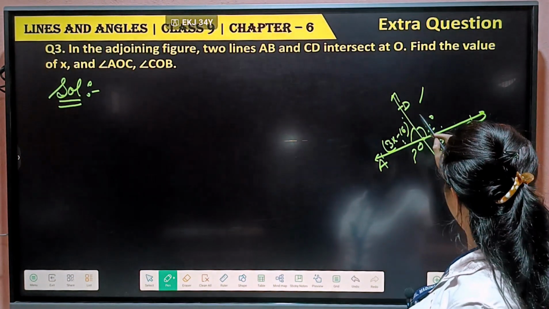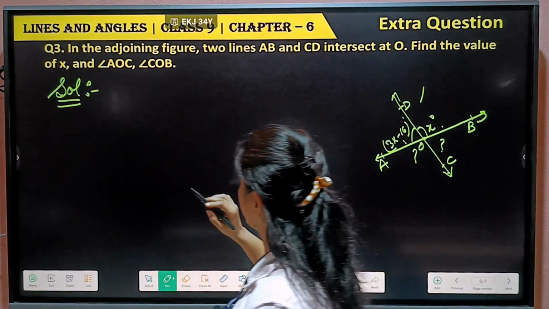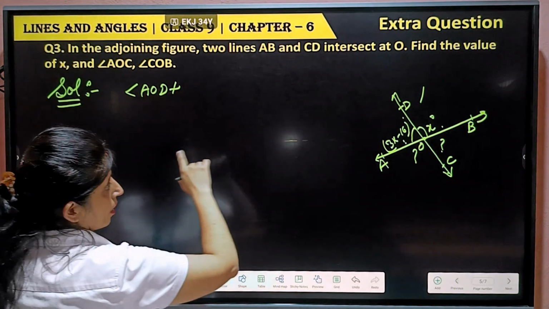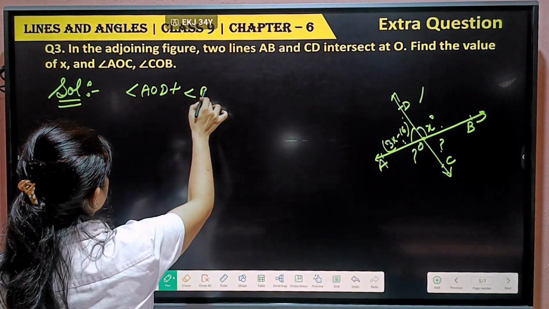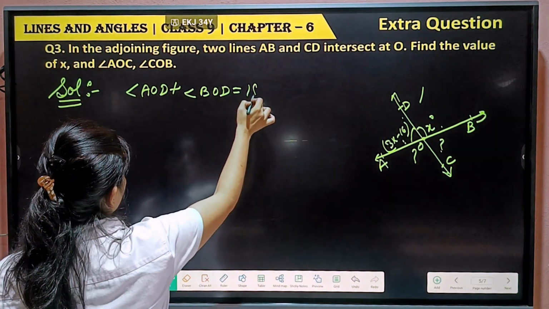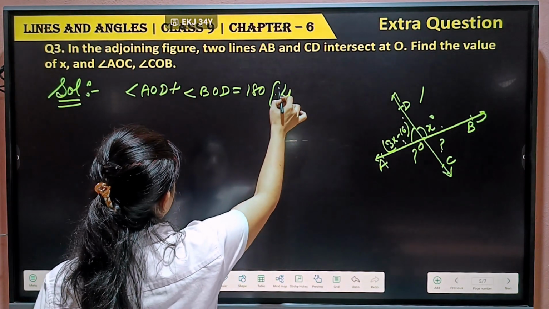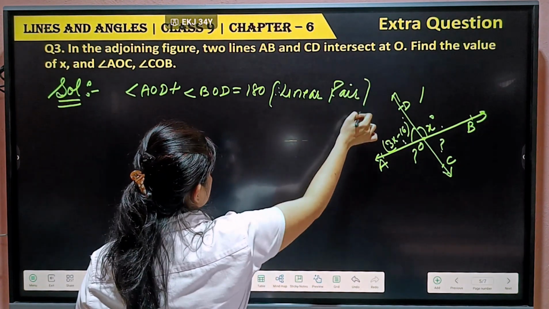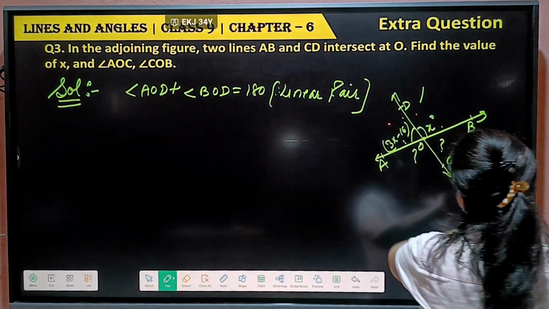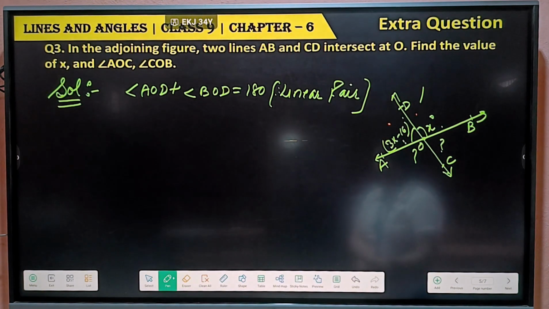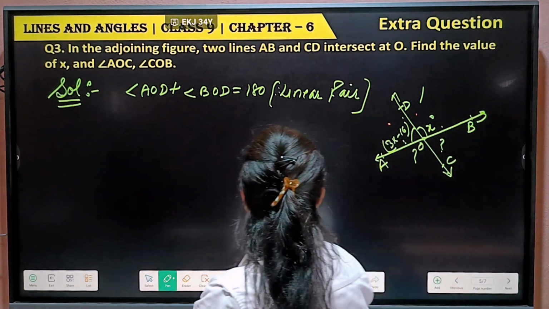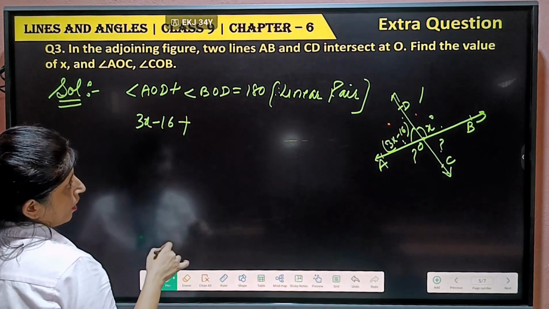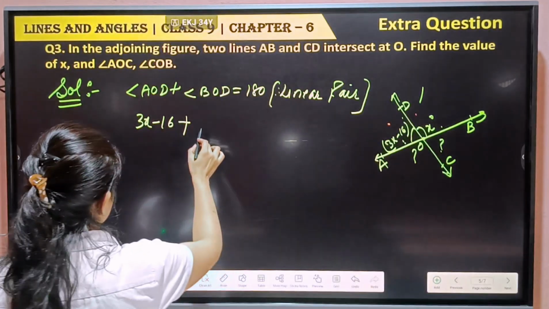So angle AOD plus angle BOD is equal to 180 degrees because of the linear pair. This angle plus this angle sum is 180 degrees. Angle AOD is 3x minus 16 and angle BOD is x.